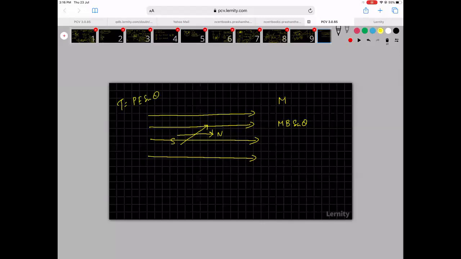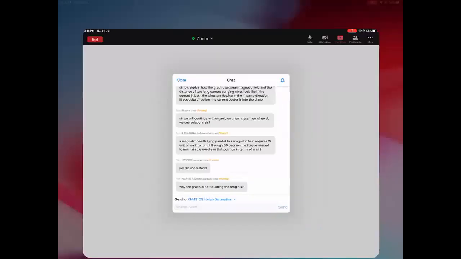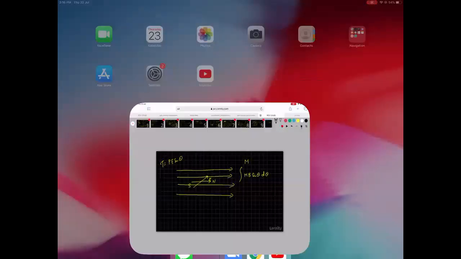Now, if you are rotating it by an angle theta, the work done is T d theta. So now, if you integrate it from 0 to theta, initially the needle is lying parallel to the magnetic field.